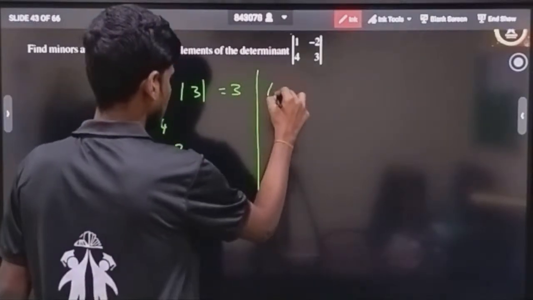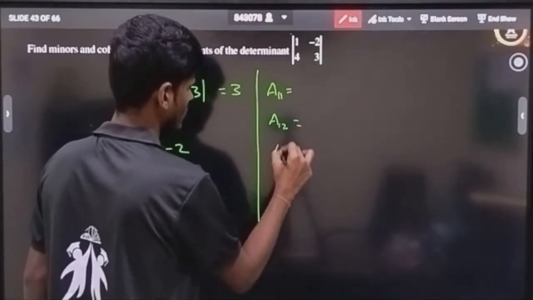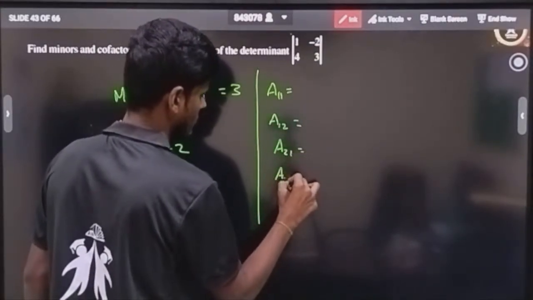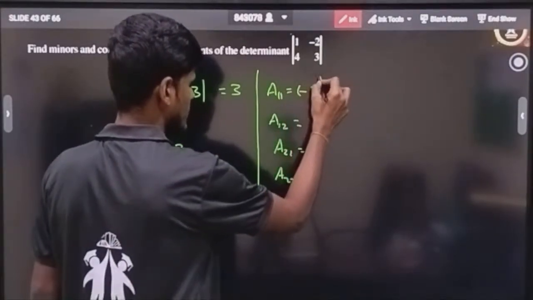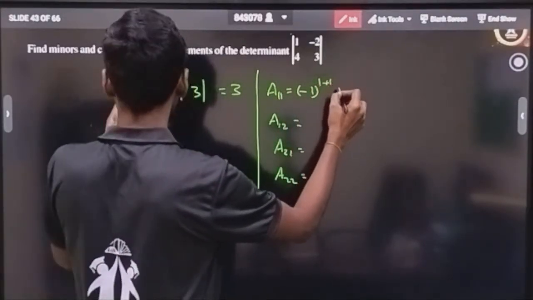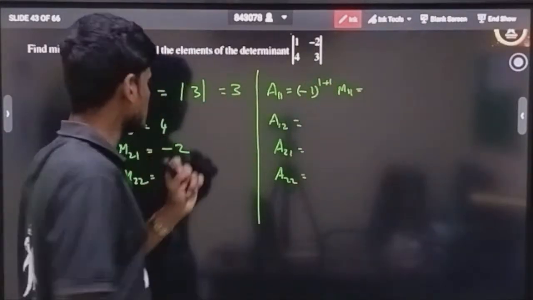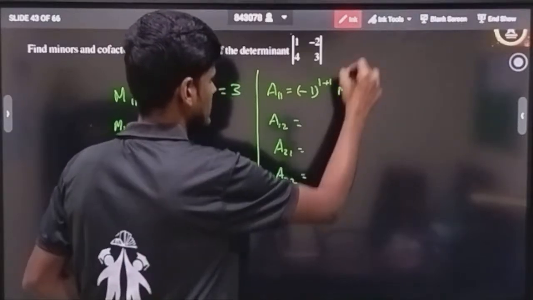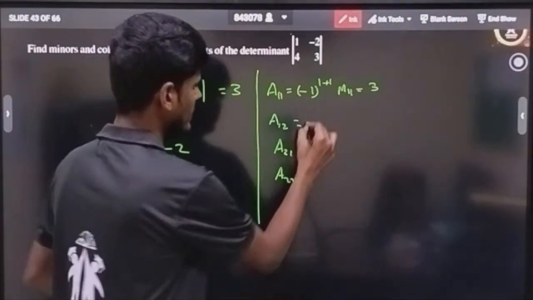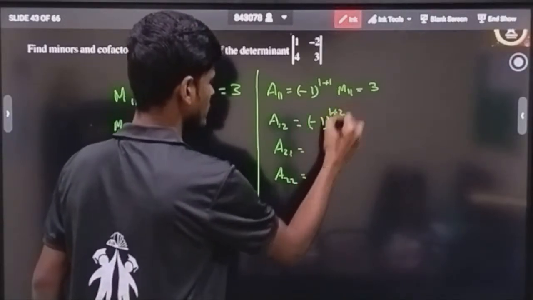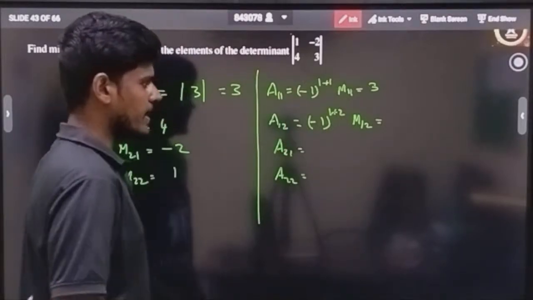Now what is the cofactor? Cofactor is given by A11, A12, A21 and A22. A11 will be (-1) power 1 plus 1 into M11, that is (-1) power 2, which is plus 1, into 3, that is 3. Final answer is 3. Now A12 will be (-1) power 1 plus 2 into M12. (-1) power 3 is minus 1.